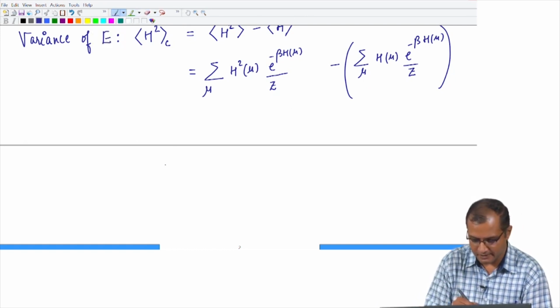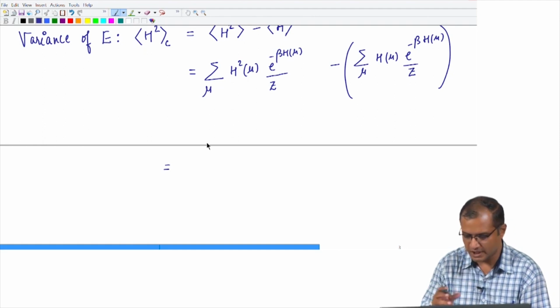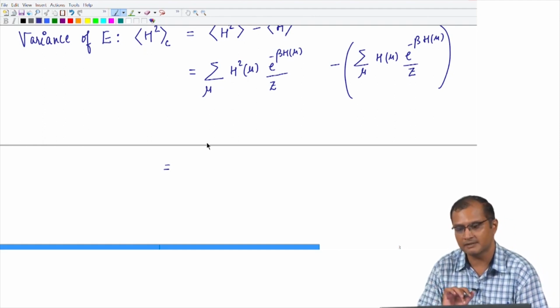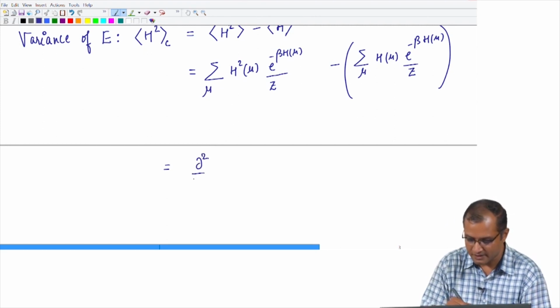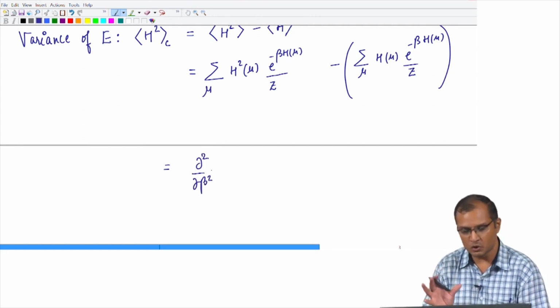So I can write this as, each derivative of beta will pull out a minus H. I need H square, so I will take two successive derivatives and pull out two minus H's.